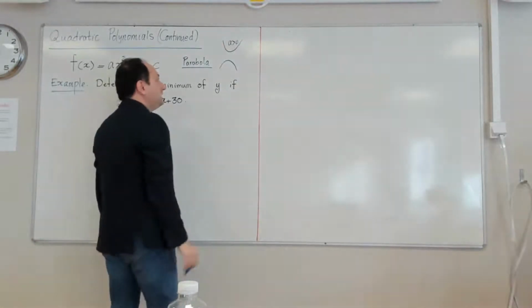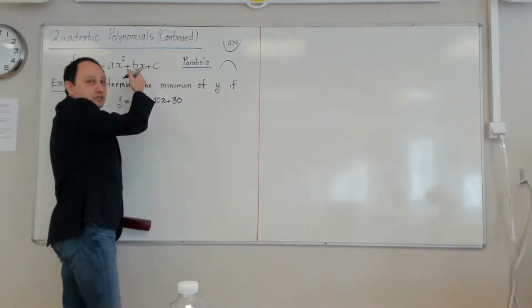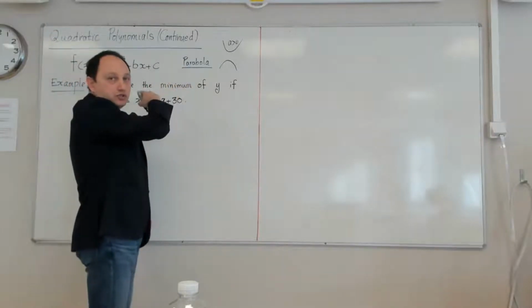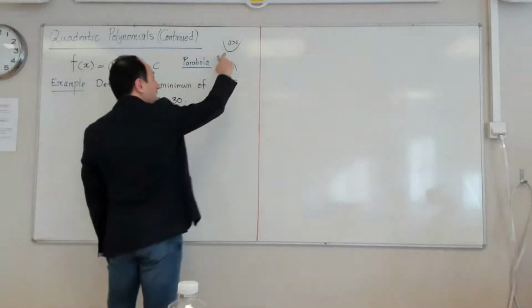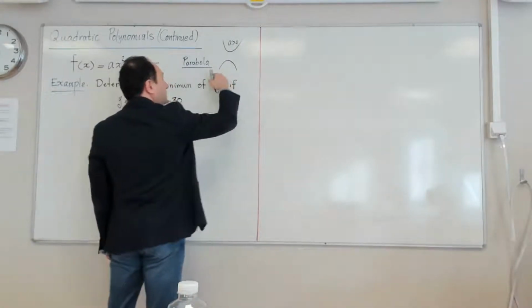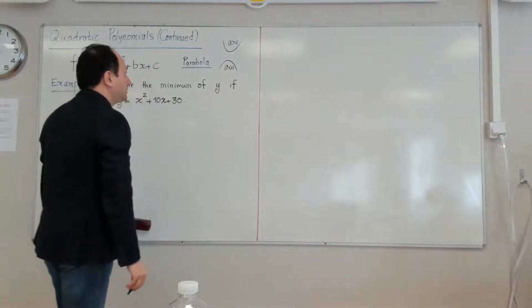If a is positive, then you need to know these properties for this function. They are not given in the formula sheet, so this is information that you need to know. If a is greater than 0, then the parabola opens up, and if a is less than 0, the parabola opens down.